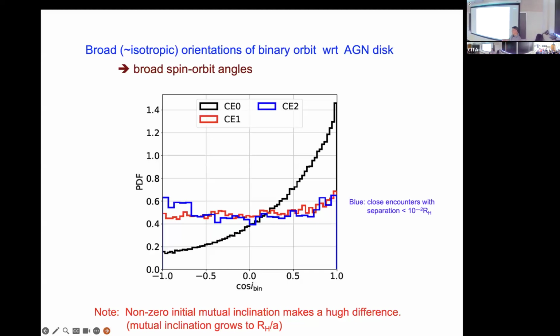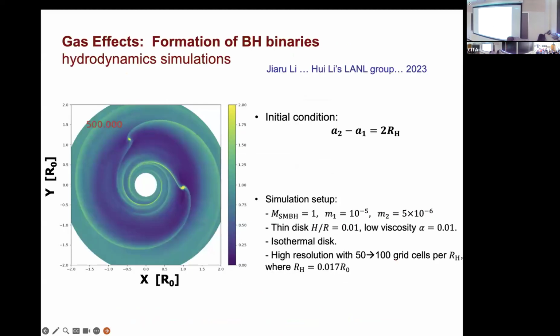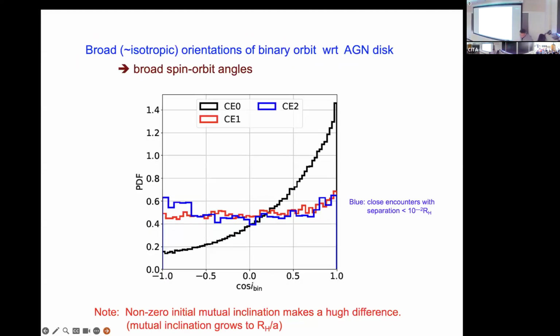Of course, if you assign a spin to each individual black hole, then you may also get a broader spin-orbit inclination. So this is an example of a merger in the AGN disk in the quasi-plane, where the gas does not play a direct role.